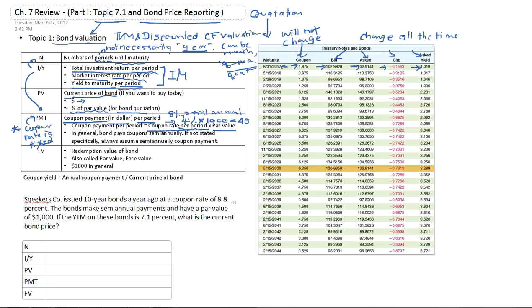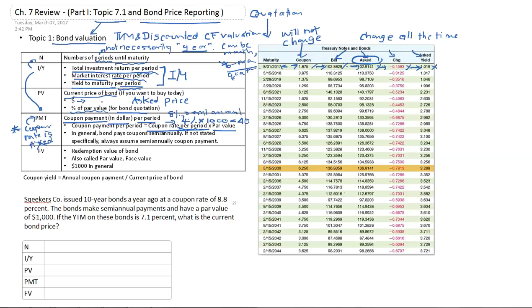When you're looking at PV from the quotation, you're looking at what is called the ask price, which is here. This will be your PV. I'm gonna go through how to convert this into dollars, but this is basically percent. This is percent, this is percent, this is percent, and this is percent. So that is how to get PV.